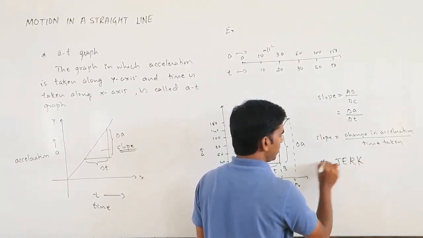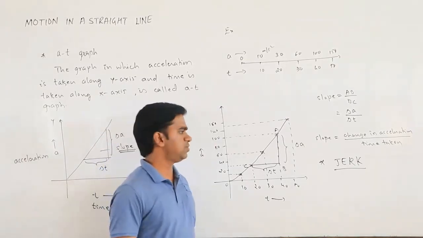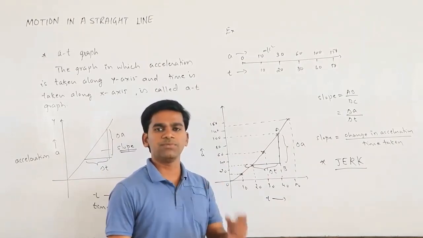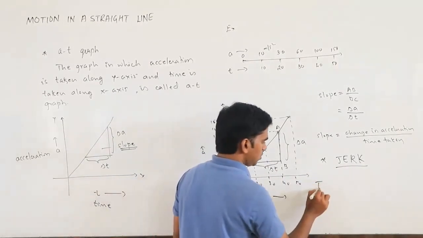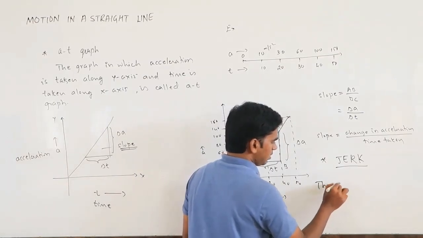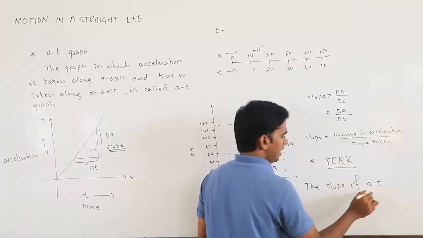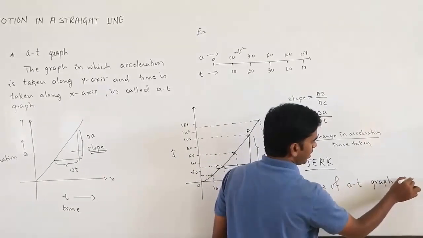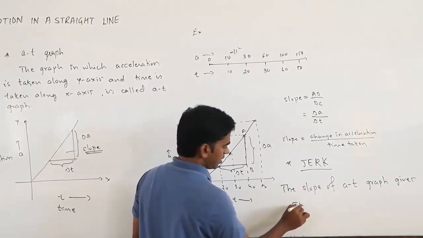Remember this word. It is not there much for the syllabus, but we should know what the slope of the AT graph gives. The slope of the acceleration time graph gives you jerk.